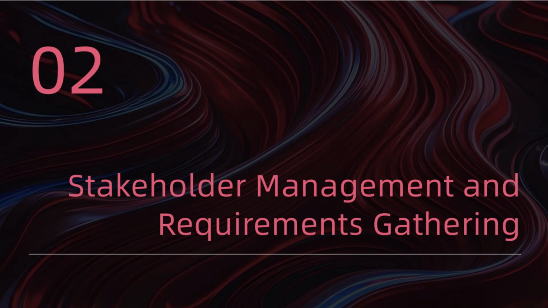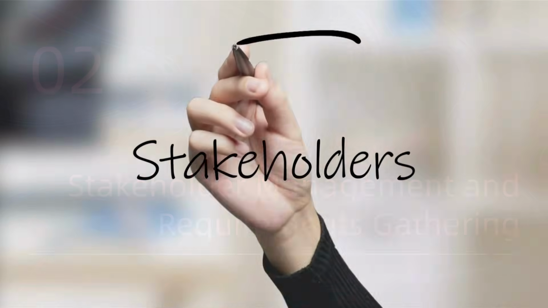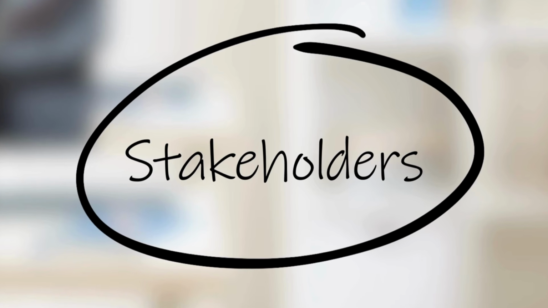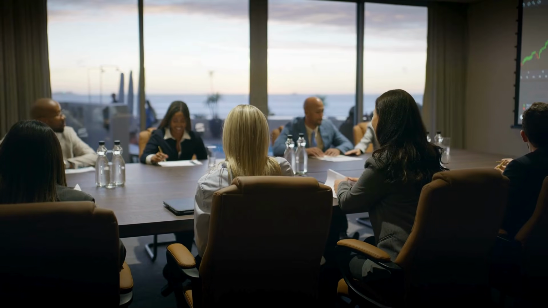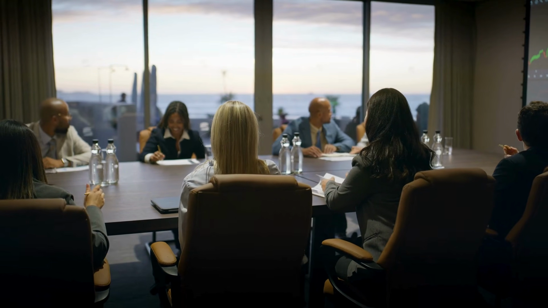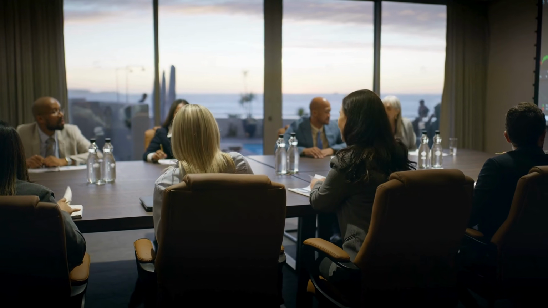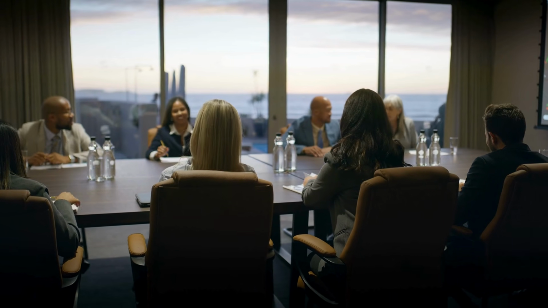So now let's discuss stakeholder management and requirements gathering. One of the main reasons contracts fail is misalignment among stakeholders. This makes stakeholder management a critical step in the contract management process. To begin, it's important to identify all relevant stakeholders, both internal and external.